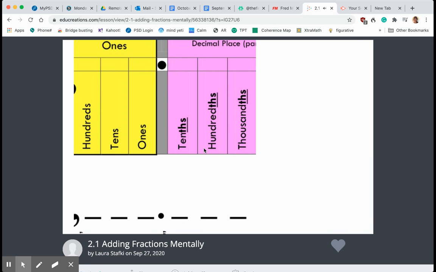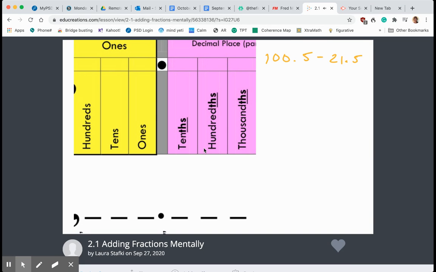Now we're going to start talking about adding and subtracting mentally. Now, when I first looked at this, I was thinking estimates, but this is not what they want you to do. They want you to be able to add and subtract accurately mentally. Give it a shot mentally first, but I always think it's smart to write it down also. So if I have on the reteaching, this is the second problem.